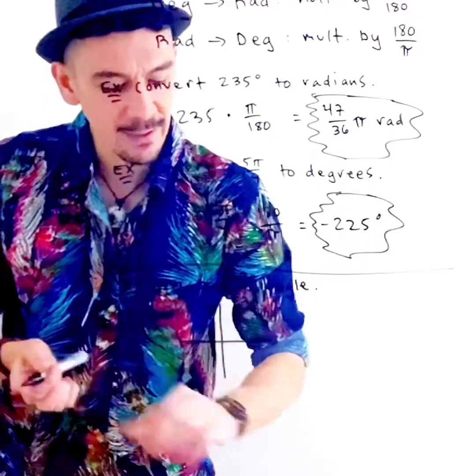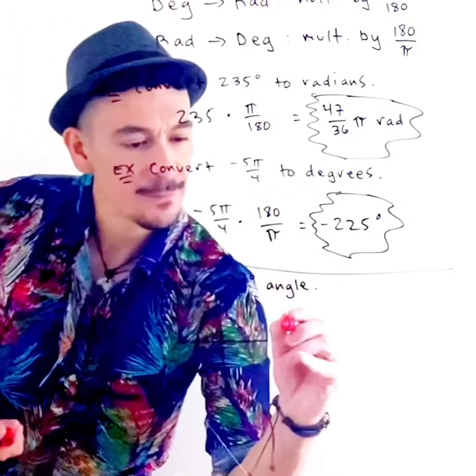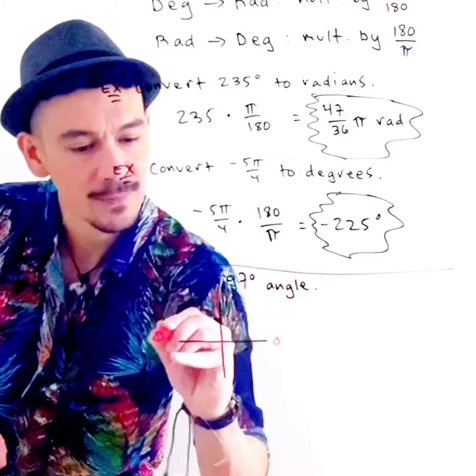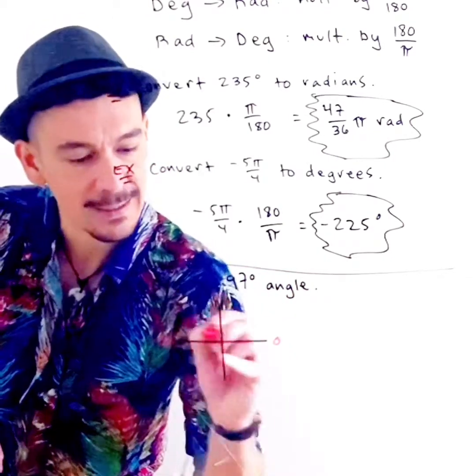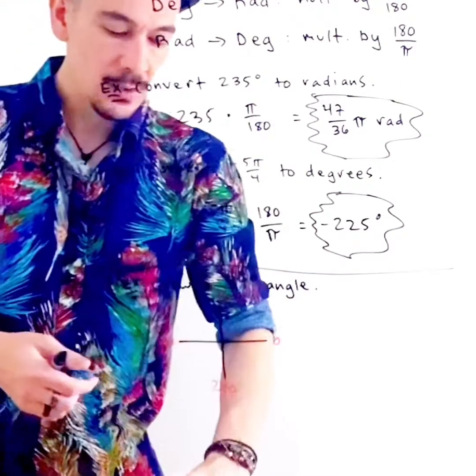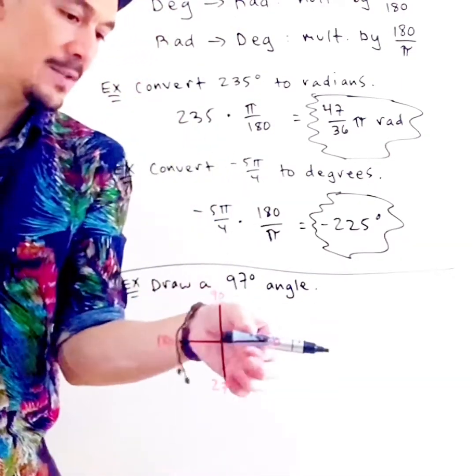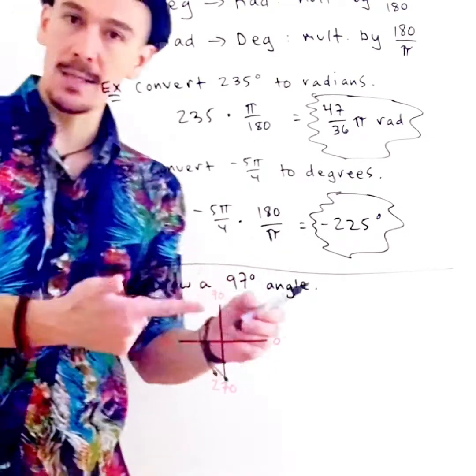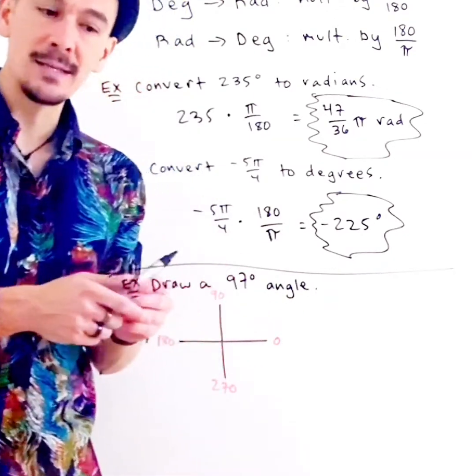Can we all agree that this is 0, this is 90, this is 180, and this is 270? You always start in this position, and you move counterclockwise if the angle is positive, which this is. This is 97 degrees.